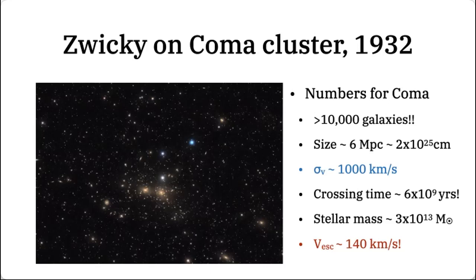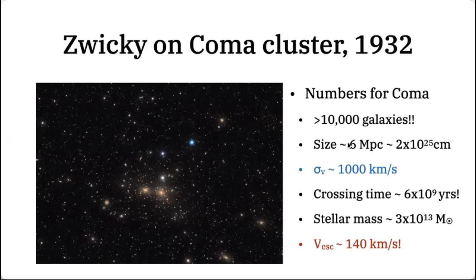If we take all the masses that we see, the stellar mass is about 3 times 10 to the 13 solar masses. Given the mass and the radius, he could calculate the escape velocity, which came out to be 140 kilometers per second. That was the mystery, because galaxies are moving with a random velocity of 1,000 kilometers per second, far greater than the escape velocity.